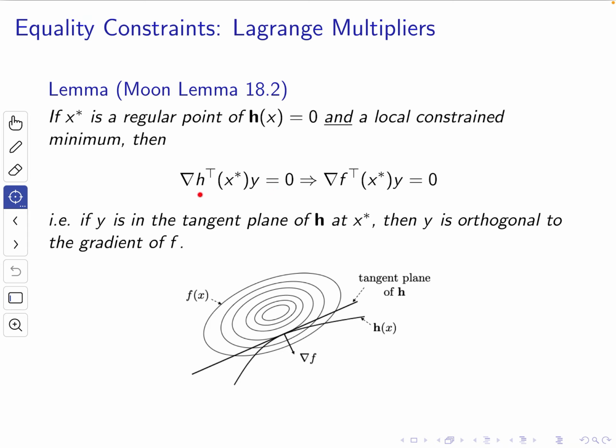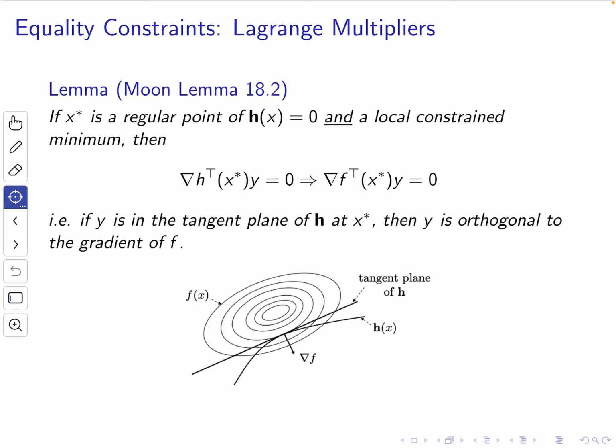In other words, if y is in the tangent plane of h, then y is orthogonal to the gradient. And again, the picture looks like this.